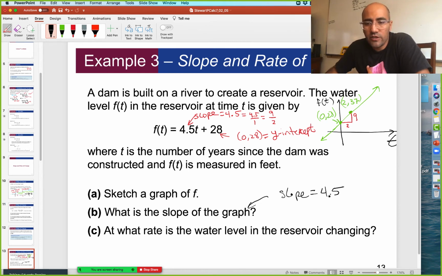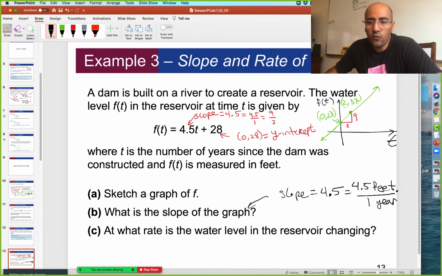Its rate is changing at this, right? It's changing at 4.5. Is this in feet? t is the number of years since the dam was constructed, and this is in feet. It's changing at a rate of 4.5 feet in 1 year.